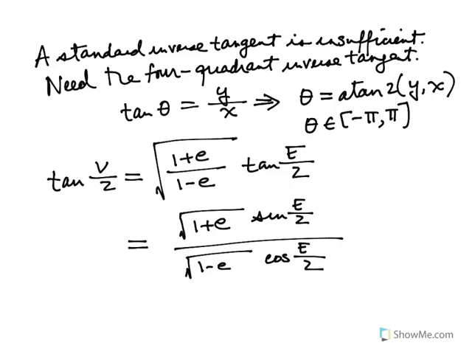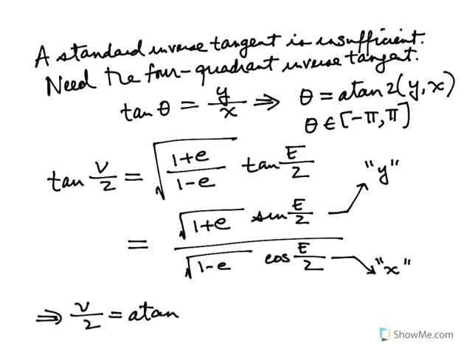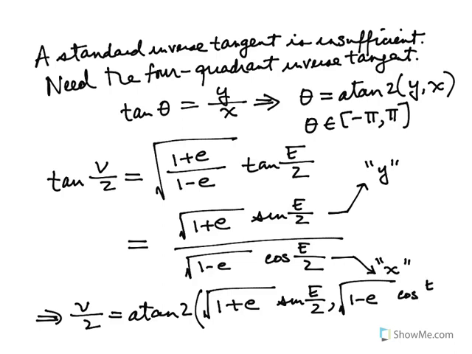Now, if I generically term the numerator, I'm going to call this part y, because that's what I called it before, and the denominator part I call x. Then what we can do is take the 4-quadrant inverse tangent, and we get nu over 2 is equal to atan2 of the square root of 1 plus e times the sine of E over 2, and the square root of 1 minus e times the cosine of E over 2.